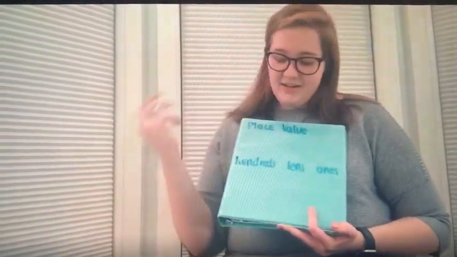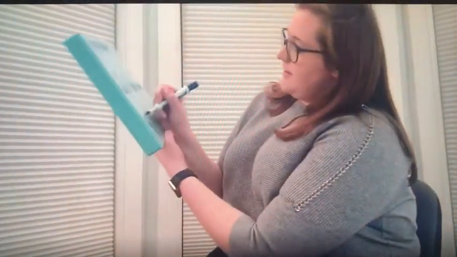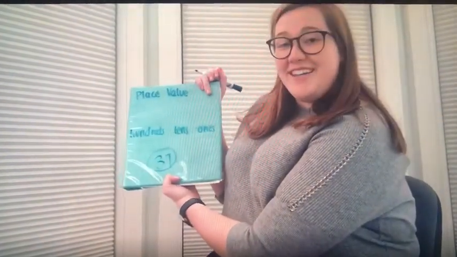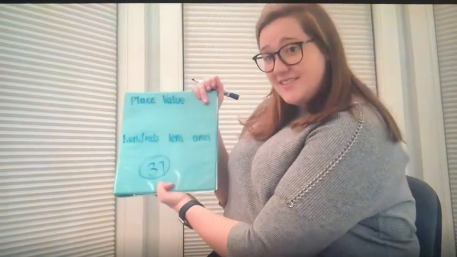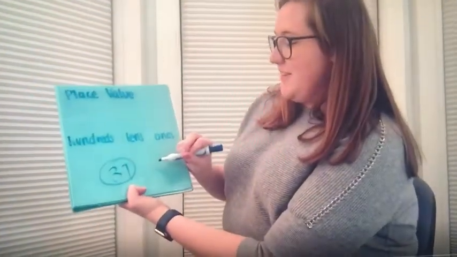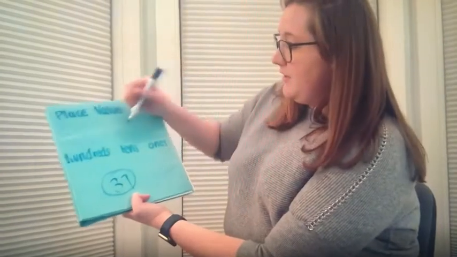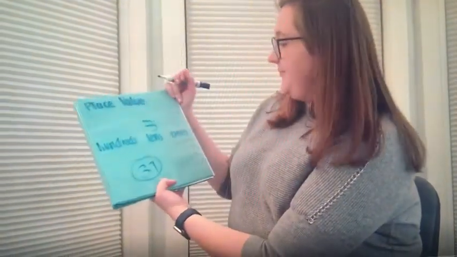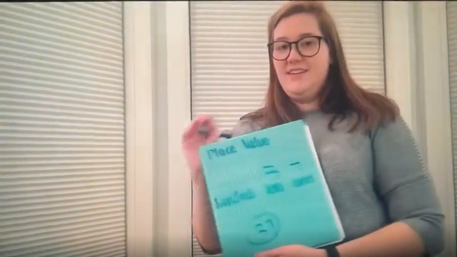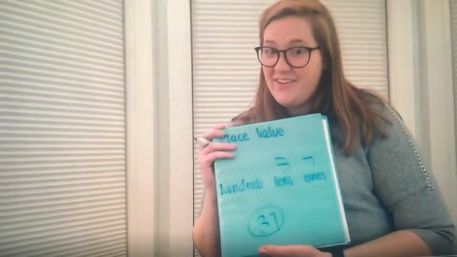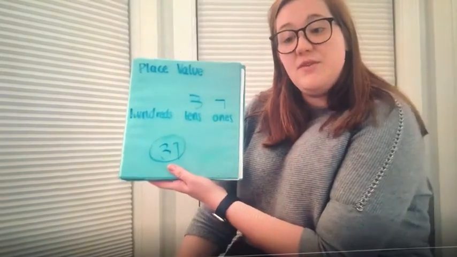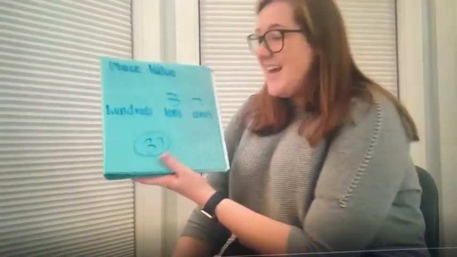And a number like 37, which is Johnny's favorite number, can be divided up into different places. To write Johnny's favorite number, we have 3 tens, which is 30, and 7 ones. So that might not make too much sense now, but that's a little glimpse of what place value is going to look like for us today.